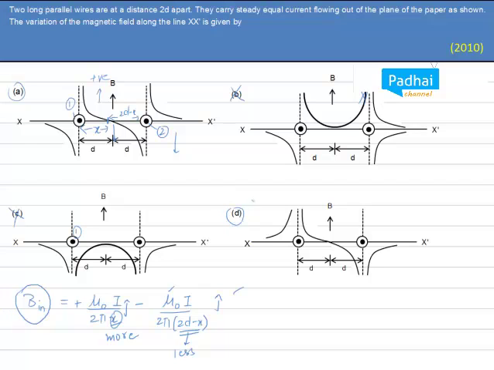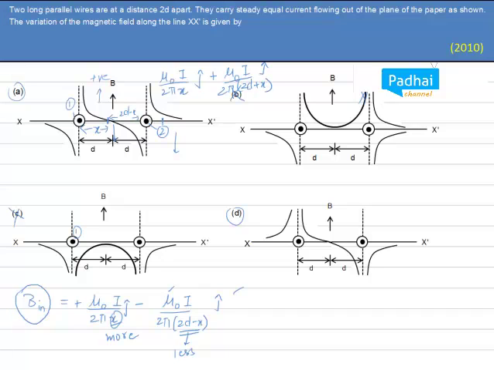Now the difference over here is that it is saying while going towards the right, this is positive, right? Magnetic field is positive. So if I say towards the right, what will be the equation? The equation will be equal to mu naught I by 2 pi x into j cap. This will be positive due to this wire, plus of mu naught I by 2 pi into 2d plus x into j cap.